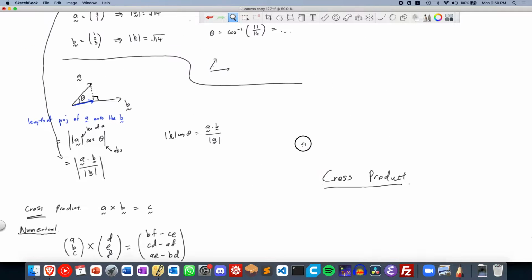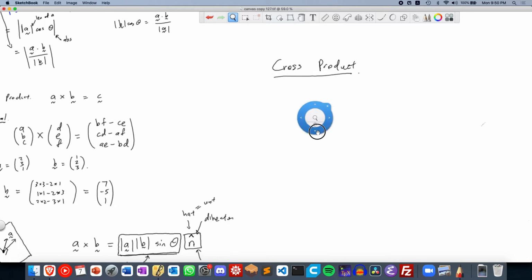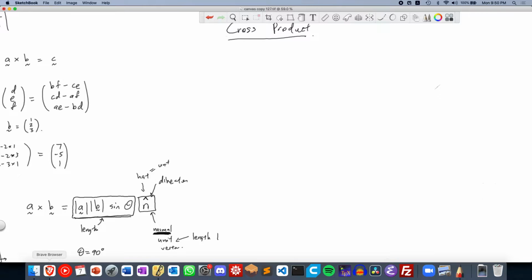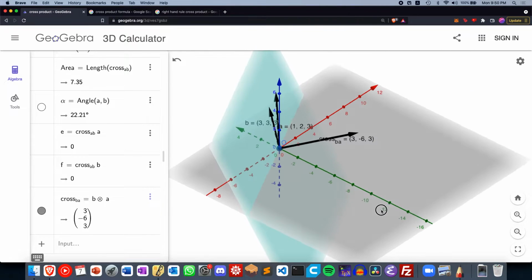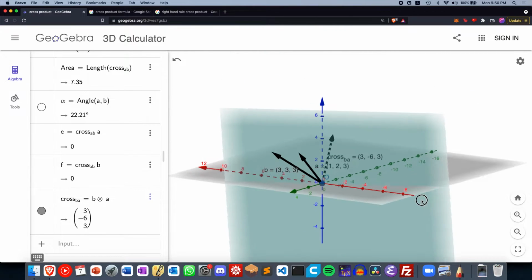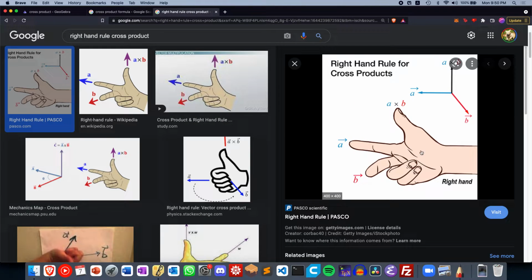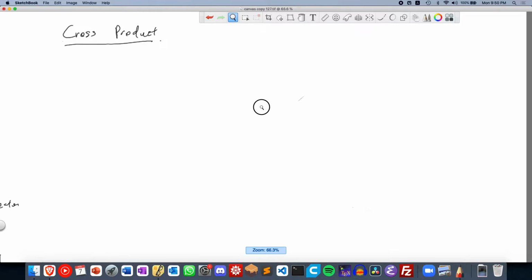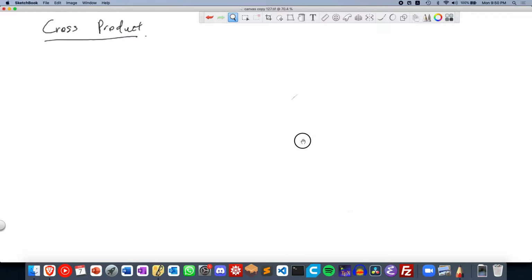We saw that with the cross product, and we saw the visualization of what the cross product means, and we learned about the right hand rule for the sign convention of the cross product. In this video we'll be talking about the utility of the cross product in calculating certain quantities.